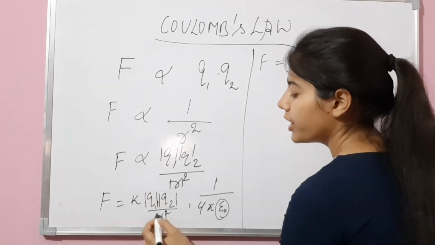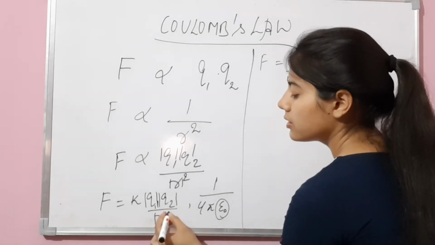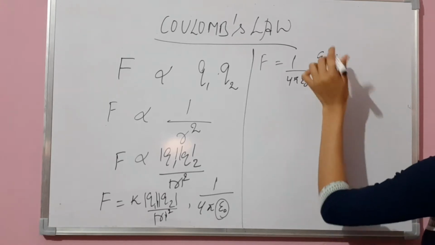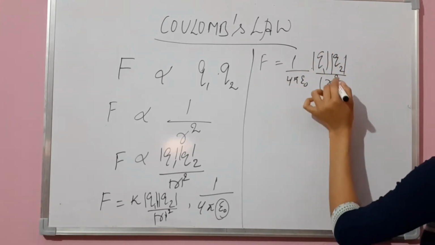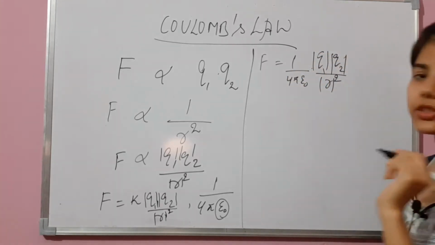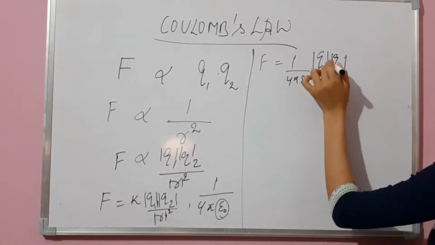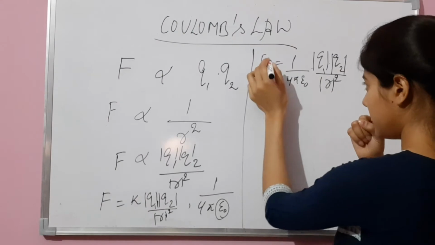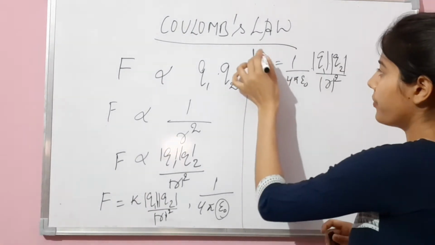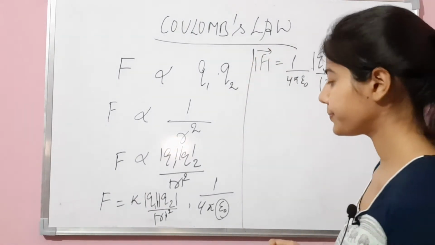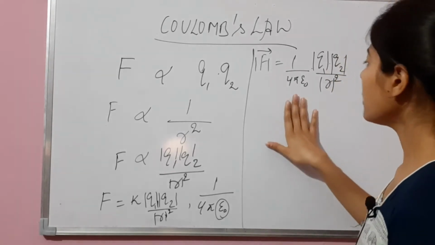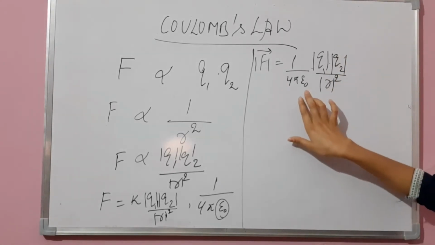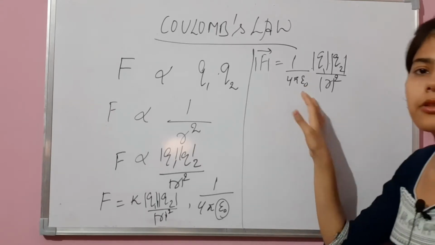In the same way we may calculate the force in vector form. Here we are calculating the magnitude of the electrostatic force, where epsilon naught represents the permittivity in free space.